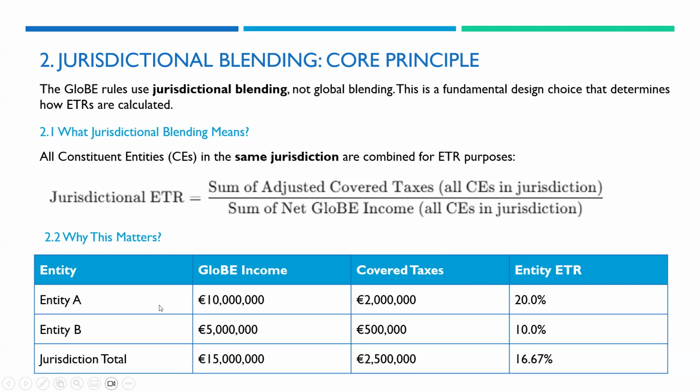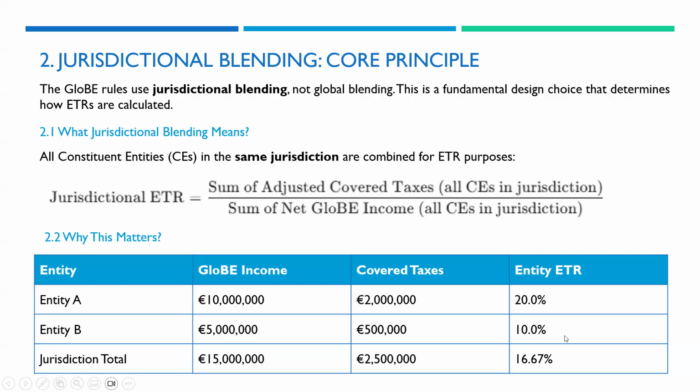So with jurisdictional blending, even if in that jurisdiction, how much taxes would we pay? That's what matters. So for the GloBE income total of 15 million that we made, did this particular MNE pay more than 15% taxes to that jurisdiction's tax authority? That's what they will be looking at. And in this case, it has.